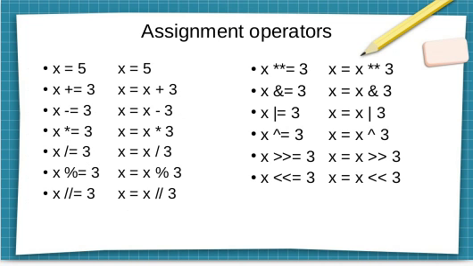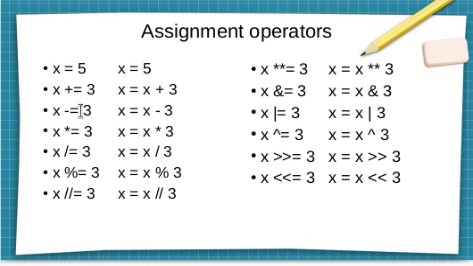Now assignment operators. An assignment operator is simple: x equal to 5. x plus equal to 5 means it is replaced in place in x. If x is equal to 2, then after this operation x equal to 2 plus 3, which is 5, will be replaced in this place. It is not using any other variable to store the value, so it is replacing in place.